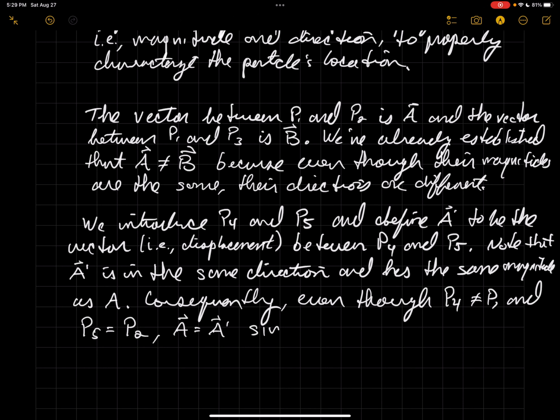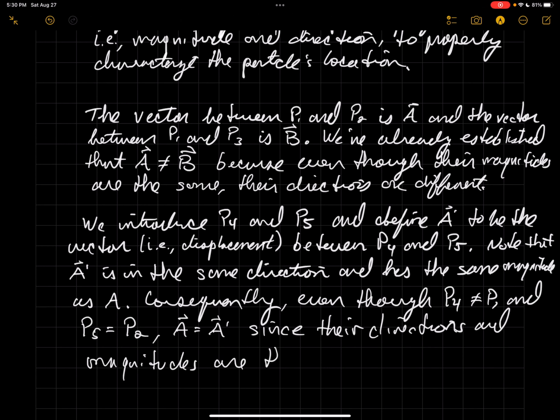And again, that's true since their directions and magnitudes are the same.